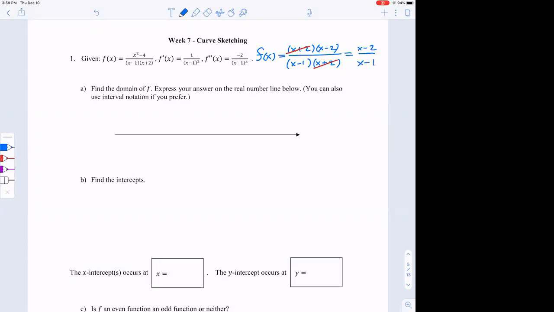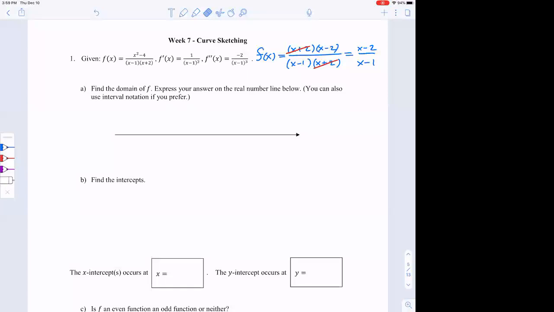x minus 1. Now we do have to be careful with this simplification that this equal sign right here is for all x values. You plug in any x value, you get the value that's on the right-hand side, or anything that's allowable to plug into the function.